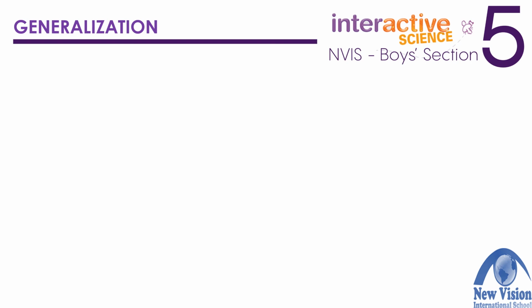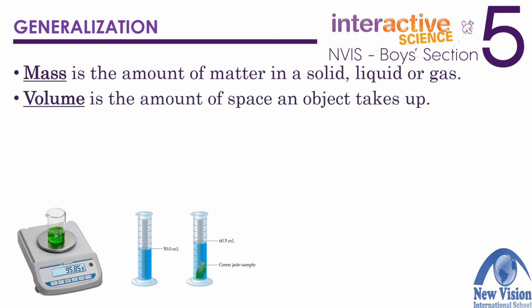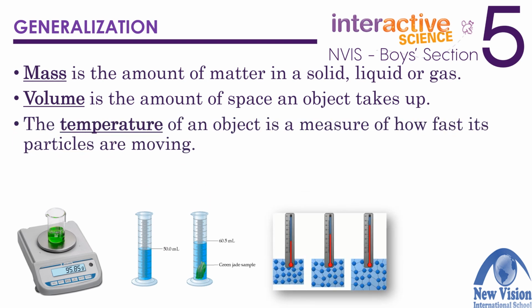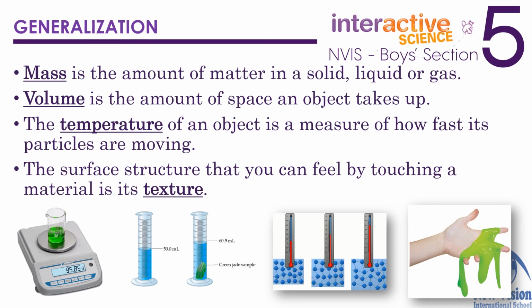We also learned other physical properties of matter, such as mass, which is the amount of matter in a solid, liquid, or gas. Volume, the amount of space an object takes up. Temperature. The temperature of an object is a measure of how fast its particles are moving, and the surface structure that you can feel by touching a material is called its texture.